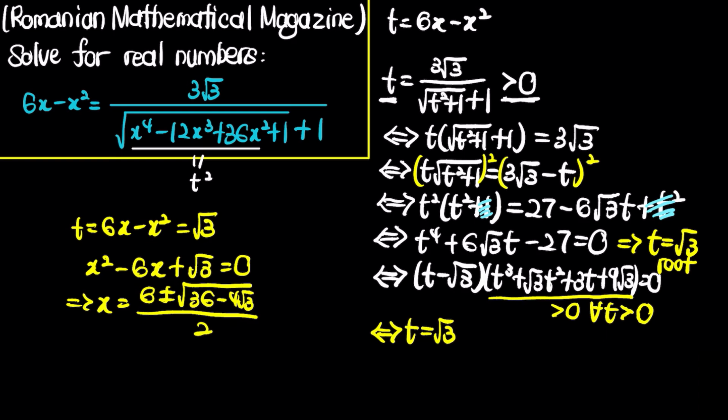And then we can divide top and bottom by 2, and this whole thing simplifies into 3 plus or minus square root of 9 minus square root of 3.